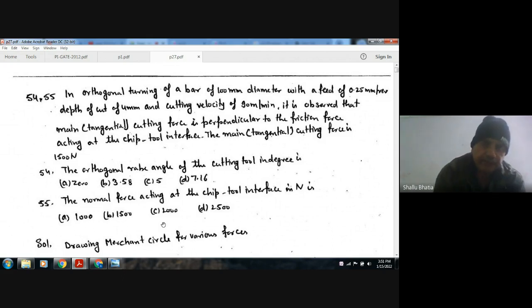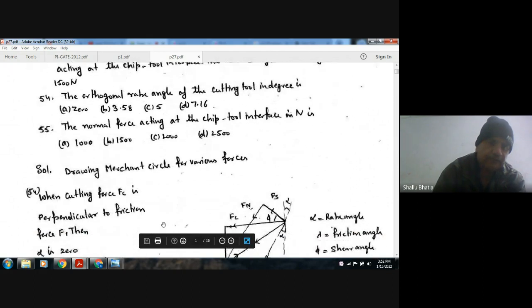The main tangential cutting force is 1500 Newton. The orthogonal rake angle of the tool in degrees is: A 0, B 3.58, C 5, D 7.16. And question 55: the normal force acting at the chip-tool interface in Newton is: A 1000, B 1500, C 2000, D 25.